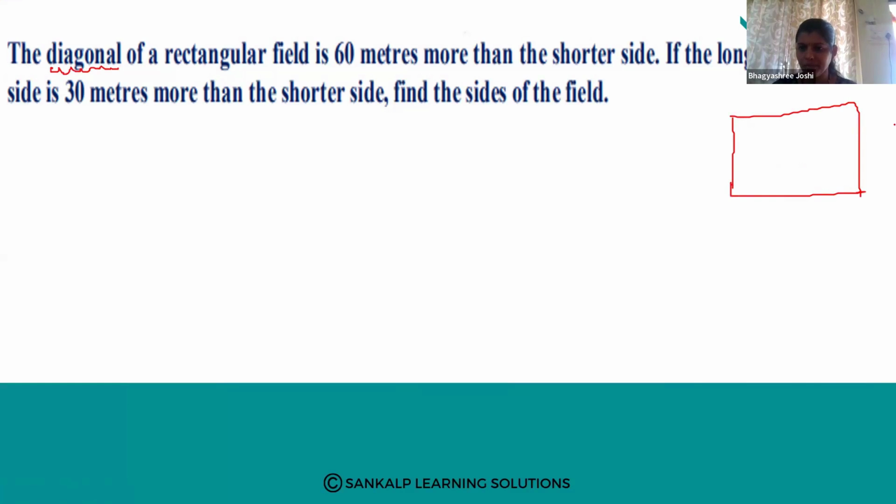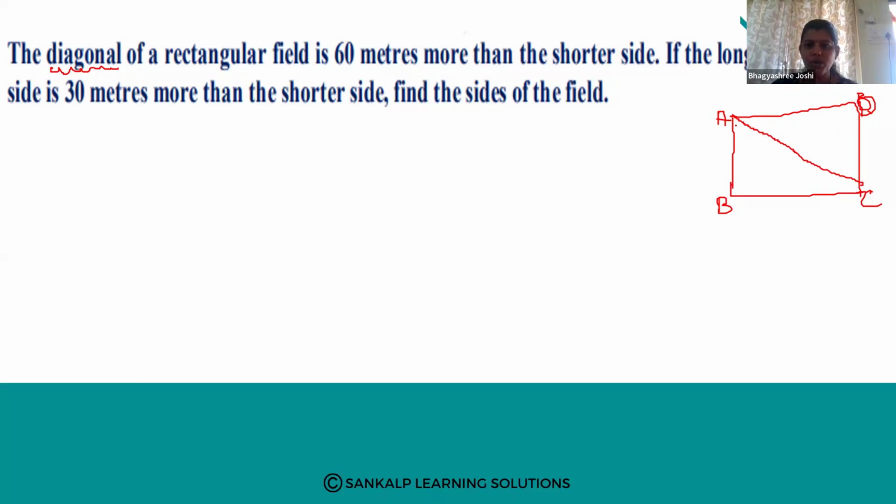Where does the diagonal come, for you? See, if I consider this is A, B, C, D like this, then diagonals means what? See here, AC is the diagonal and BD is the diagonal. Consider one diagonal, that is AC I will consider.